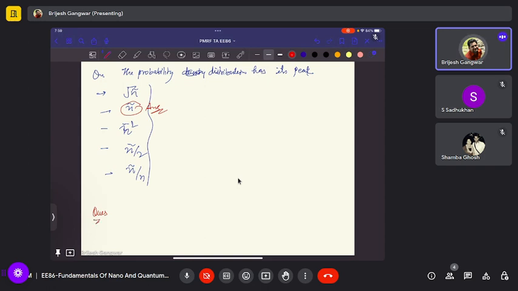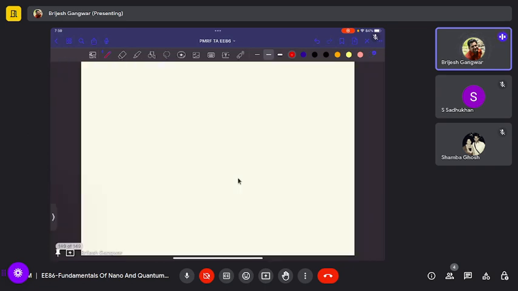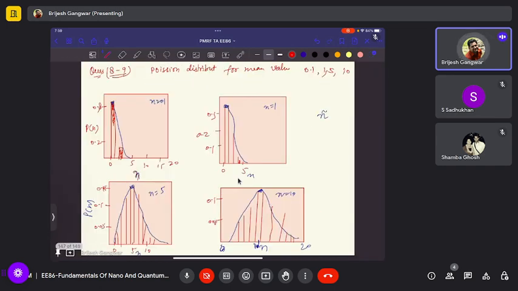So the next question is, with increase of n bar, the relative size of fluctuation in photon flux, what will happen to the fluctuation of photons if we increase the n bar value?